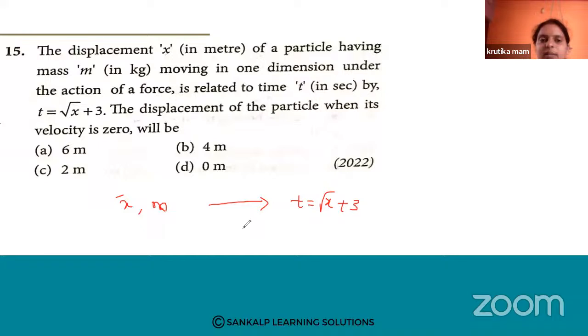The displacement of the particle when its velocity is 0. So the displacement of the particle when its velocity is 0 they are asking. So when velocity is 0, what is the displacement? 6 meter, 4 meter, 2 meter, 0 meter. Yes. What is the answer, students?